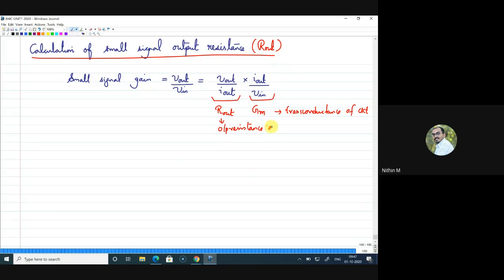This is actually a shortcut to write the gain of any circuit. We will find gm separately, find R out separately, and then combine them to get the gain. So gain Av can be written as gm into R out. Is that clear? Can I get some response in the chat box?